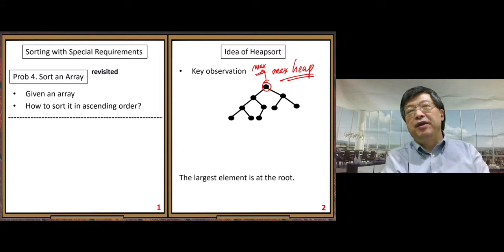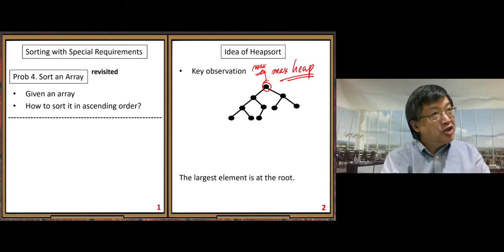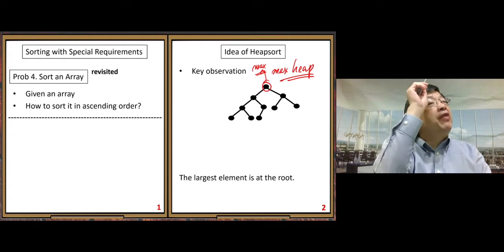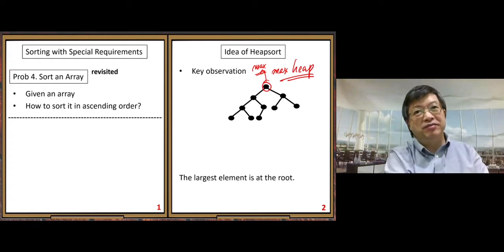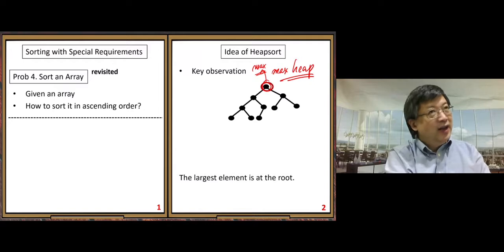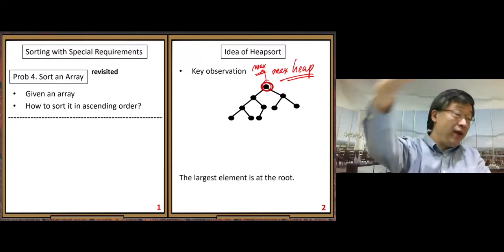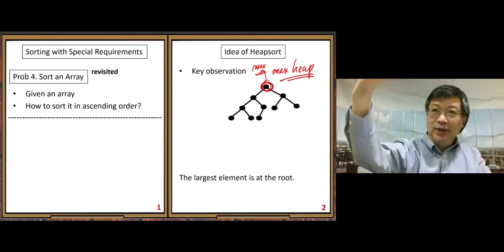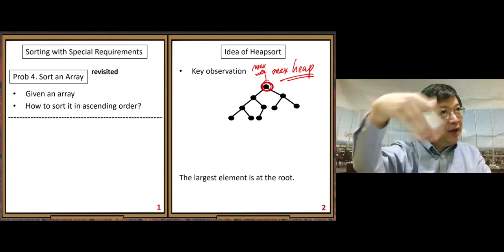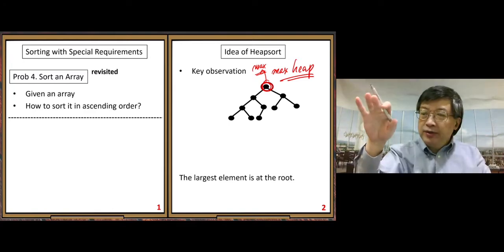The first one is the root, which has the largest value. How do we put that root element in place? If you can answer this question, then we are halfway there, because for the remaining ones we will use the same idea again and again, and so we will complete the sorting.